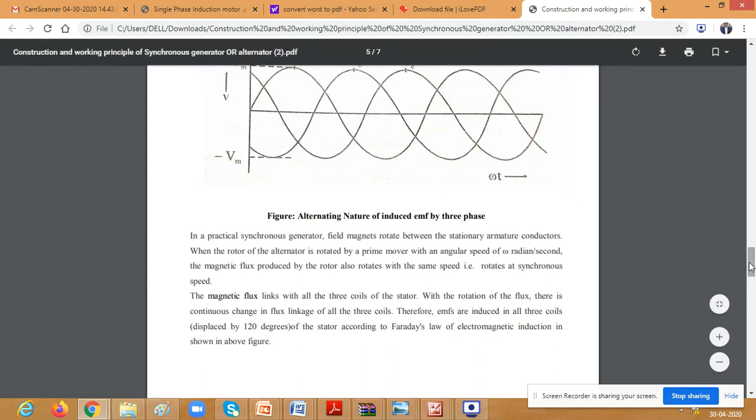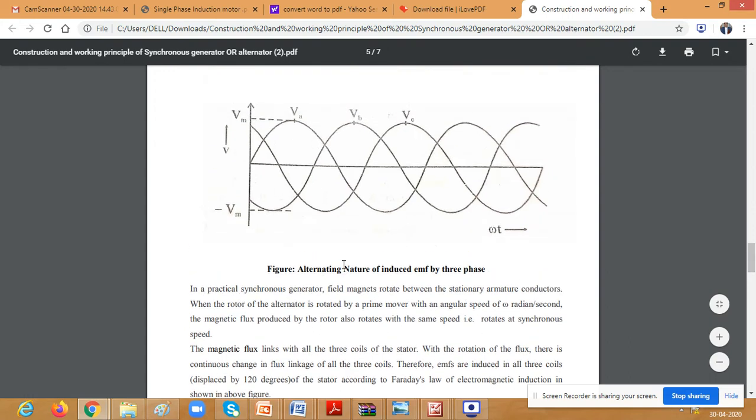If we take the first coil, which gives this one, then our second coil has a difference of 120 degrees, and the third is again moving by 120 degrees.